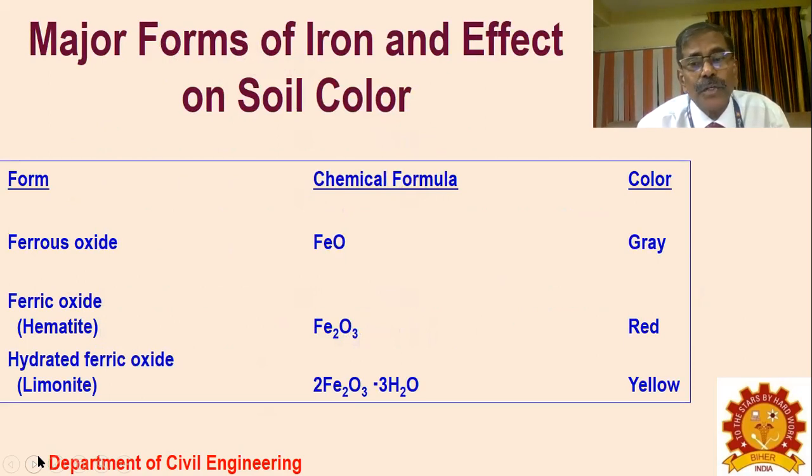Ferric oxide, Fe2O3, gives the red earth or red soil. Hydrated ferric oxide, 2Fe2O3·3H2O, is of yellowish color. So these are the chemical formulas for the various forms of material present in the soil. The soil color and texture are very important to understand. The major forms of iron and their effect on soil color are given in the table: ferrous oxide gray, ferric oxide red, and hydrated ferric oxide yellow.